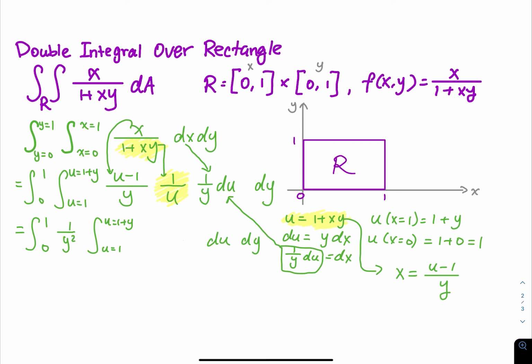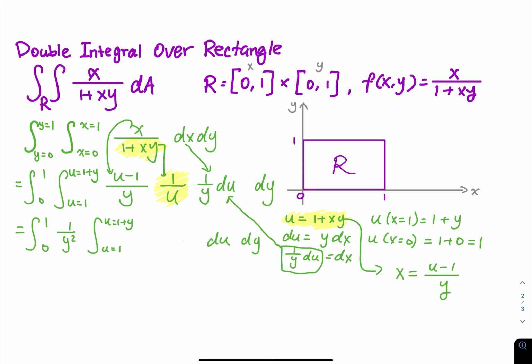I'm checking my notes to make sure everything is right. The y is taken out, and the u minus 1 is from here: x equals u minus 1 divided by y.